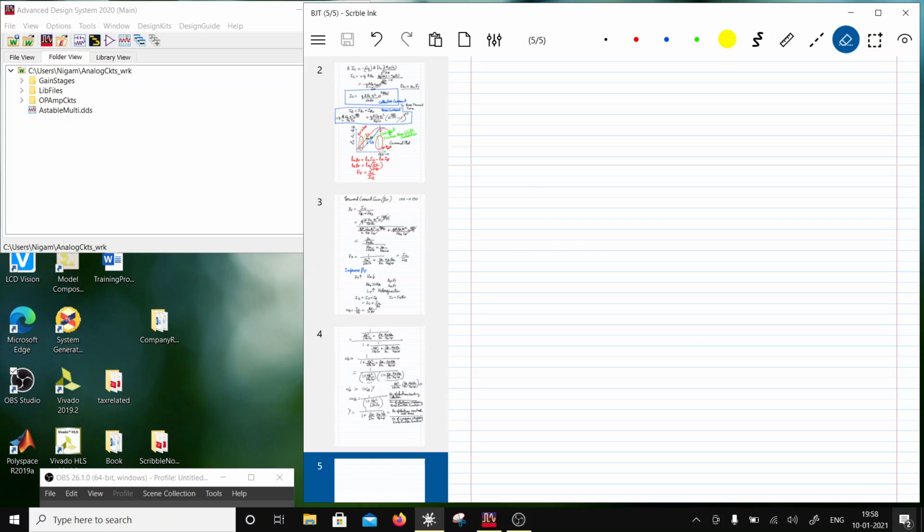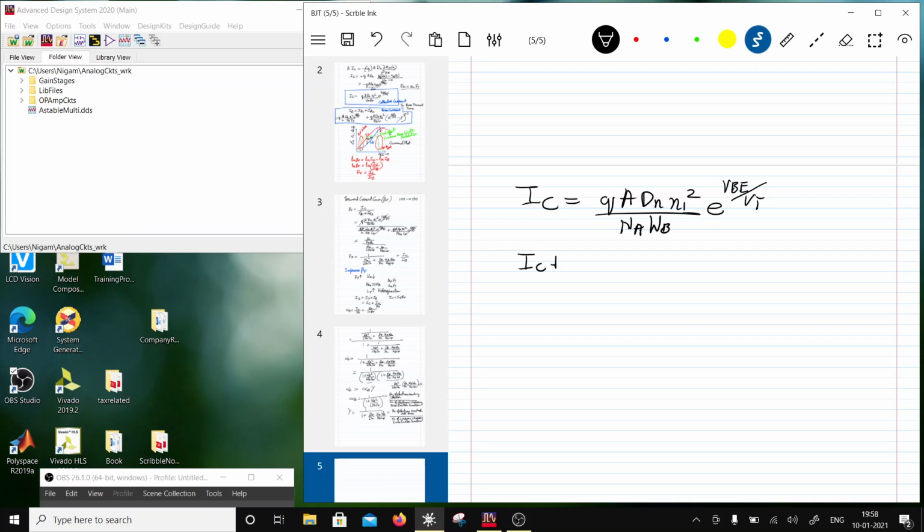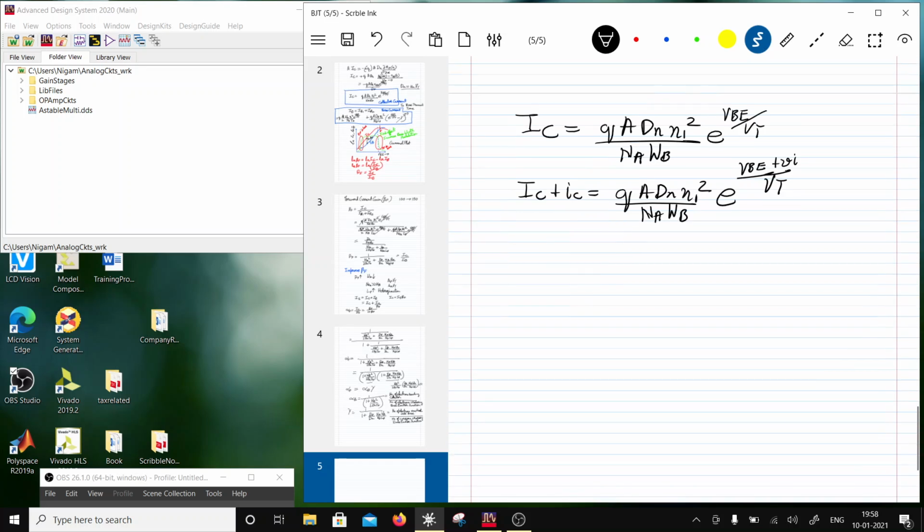So I have IC equal to QADN Ni square over NAWB, correct? E raised to VBE over VT. Now what I'm going to do is take IC plus a small variation ic, which will arise because of a variation in VBE, a small signal input, e raised to (VBE plus Vi) divided by Vt, correct?